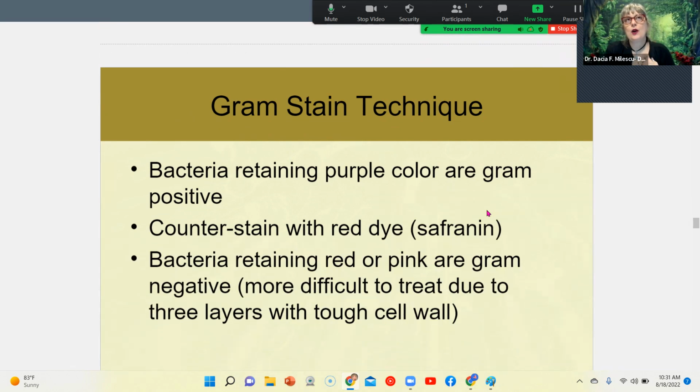Then you want to make sure they're not gram negative, so you're not done. You take that slide and counterstain with a red dye called safranin. Now the bacterial cultures that stain red or pink are going to be gram negative.